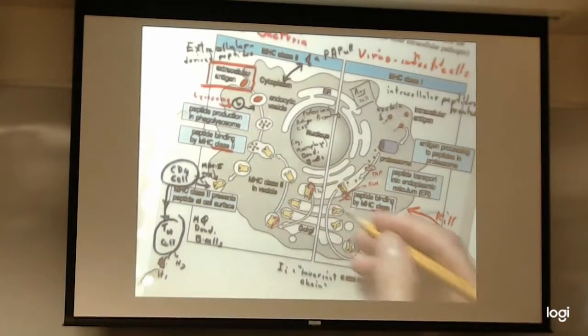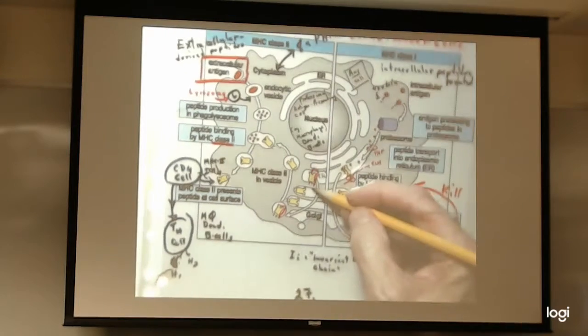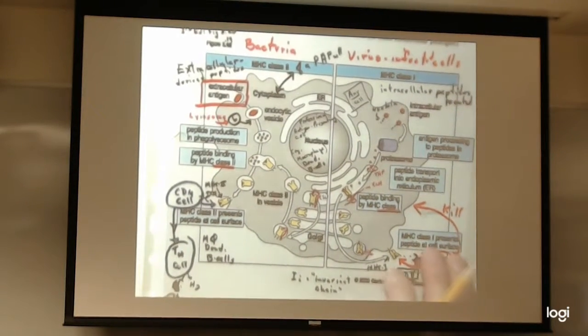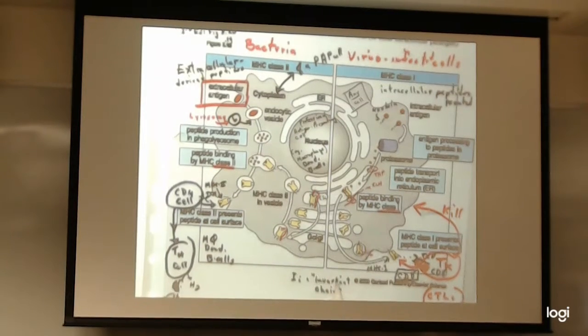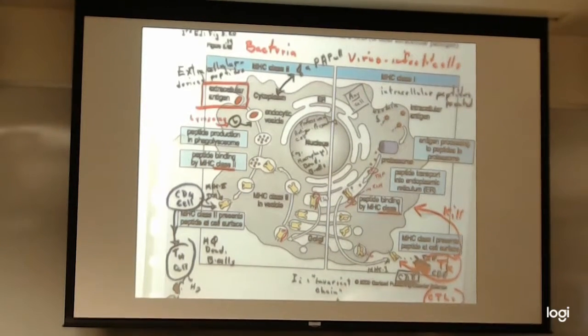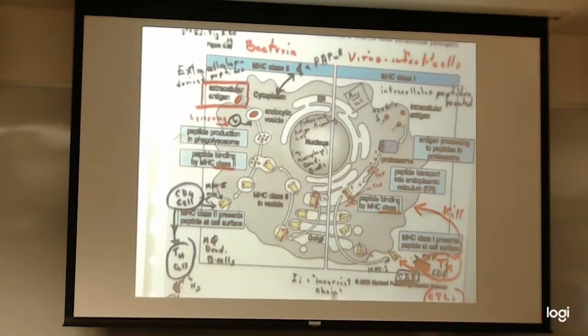Well, that's because there's a little protein here called I sub I, which is an abbreviation for invariant chain. Do not ask me why I sub I is the abbreviation for the phrase invariant chain. Why would it be chain sub I or something like that?